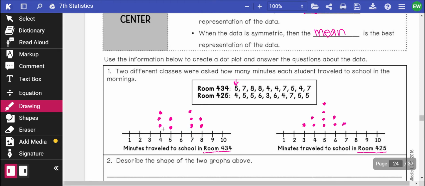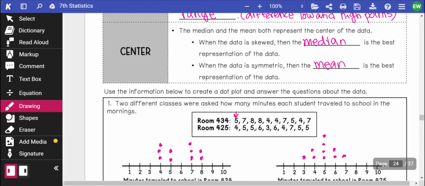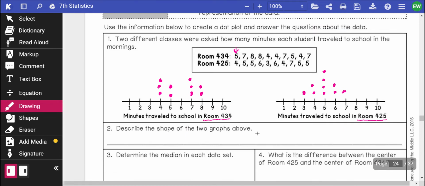Okay, so your data points should look like this. If they do not, pause and fix your dot plots. It's asking us 3 questions about these dot plots. Describe the shape of the 2 graphs above.